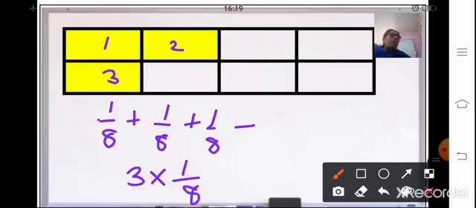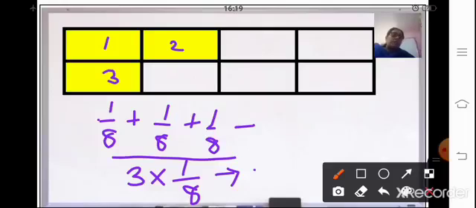So this is your multiplication statement. The first one we did, that is 1/8 plus 1/8 plus 1/8, was our addition statement. And when we say that 1/8 is taken 3 times, that is 3 parts are shaded, this becomes our multiplication statement.